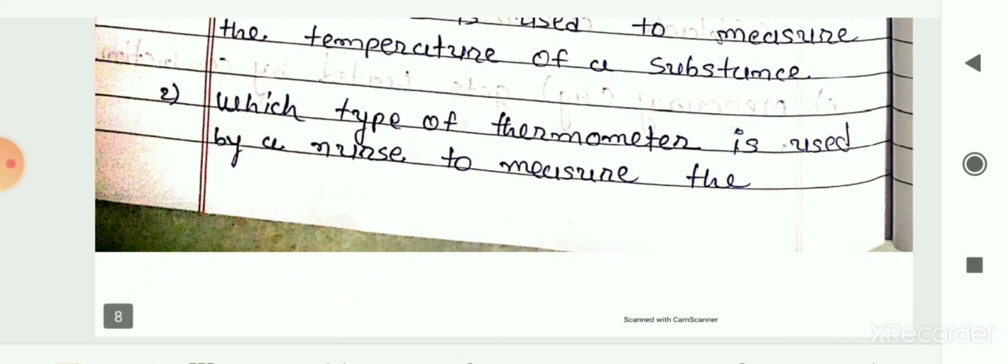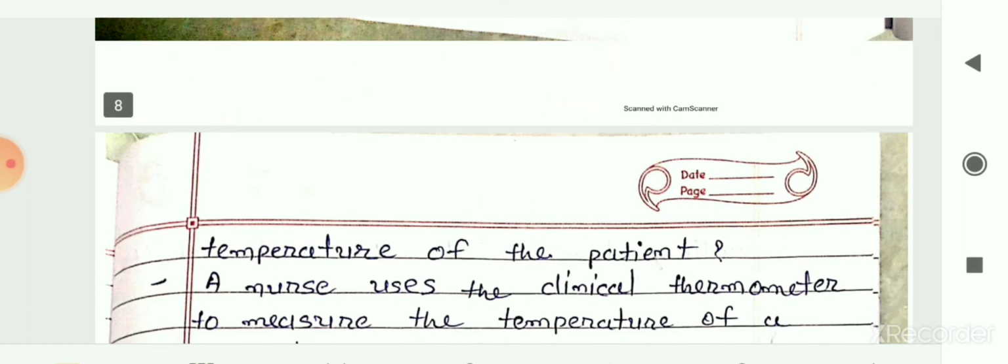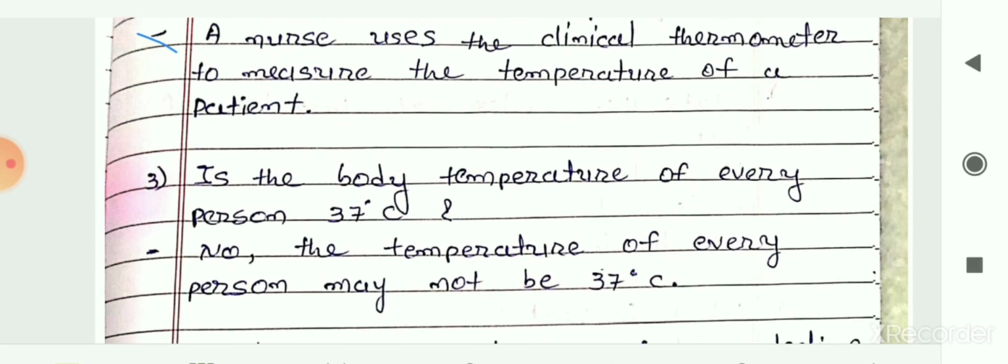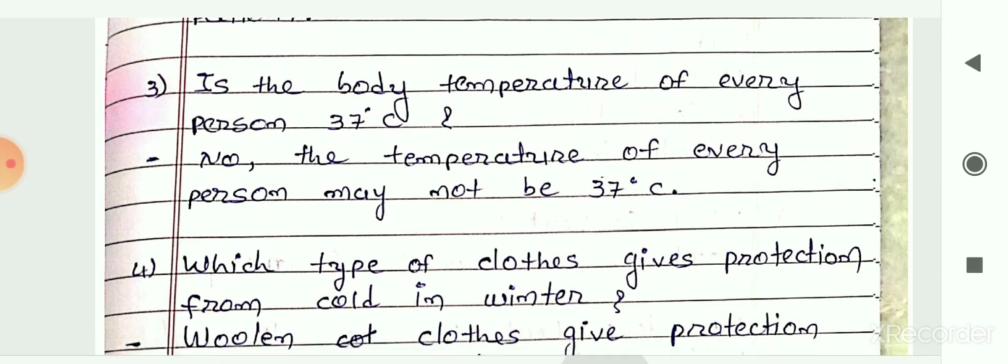Next is, which type of thermometer is used by a nurse to measure the temperature of a patient. That we had already seen. A nurse uses the clinical thermometer to measure the temperature of a patient. So clinical thermometer, that is your answer. Next is, is the body temperature of every person 37 degrees Celsius?